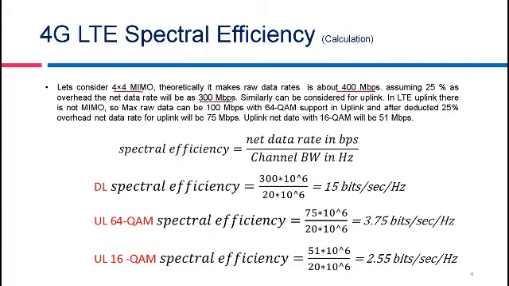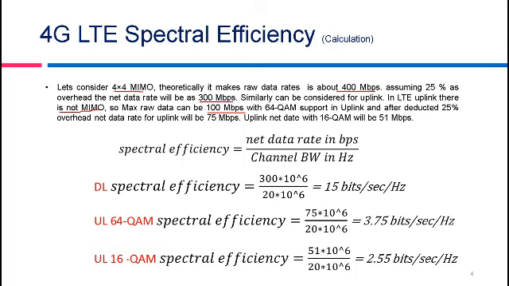Similarly, we can consider the uplink, but we need to keep in mind that in uplink there is no MIMO support from the UE side, because the UE has only one transmit antenna. It can have multiple receive antennas, but most UEs have a single transmit antenna. So the maximum raw data rate for uplink can be 100 Mbps, assuming 64 QAM support in uplink.